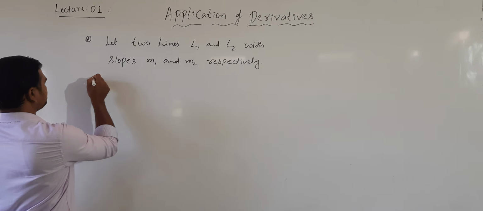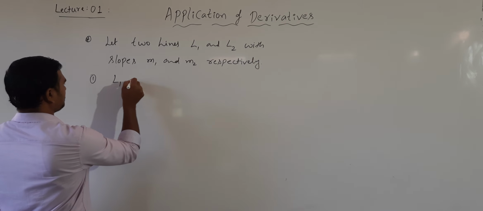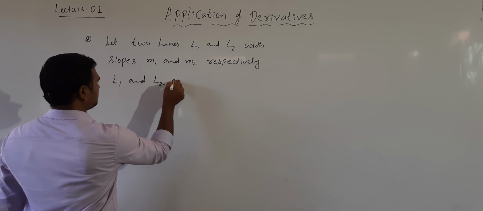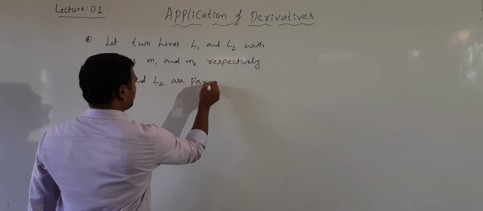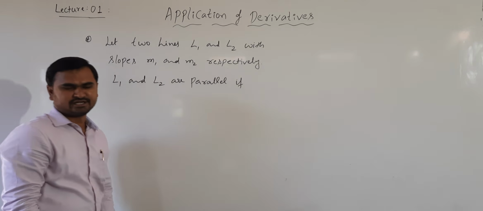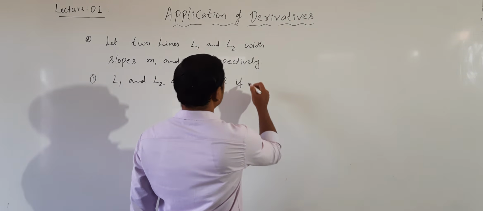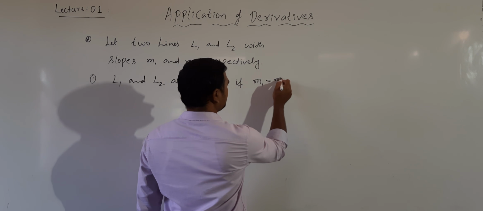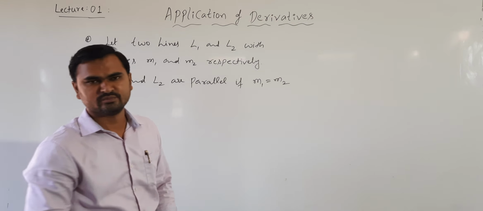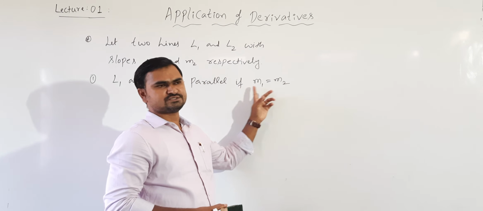First condition: the two lines are parallel. L1 and L2 are parallel if the slopes are equal. We studied that, so m1 should be equal to m2. Two lines are parallel only when their slopes are equal.